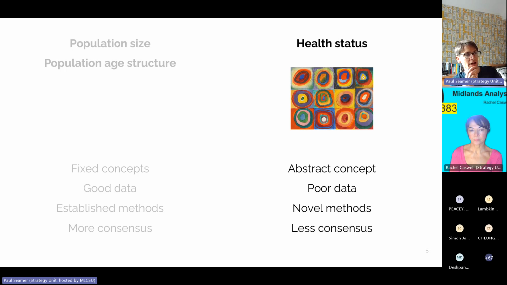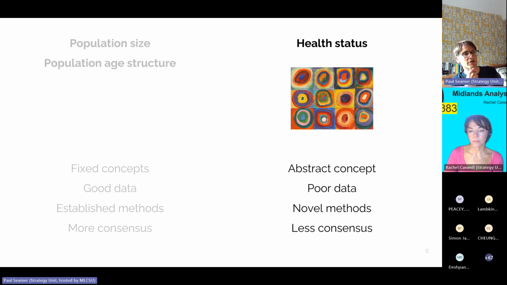So health status is really important, but it's often overlooked in modelling exercises. And I'd argue there's a good reason why it's overlooked, and that's plainly because it's quite difficult. If we compare it to population size and age structure, it's a much more abstract concept. It's multi-dimensional. There are lots of different measures.